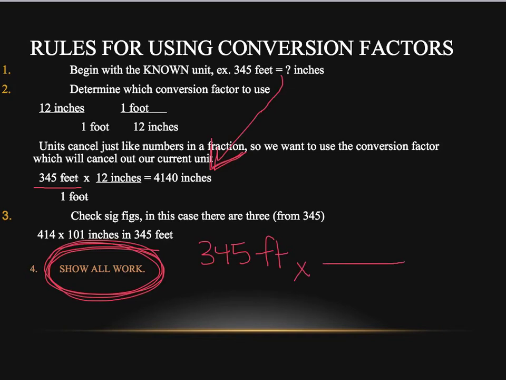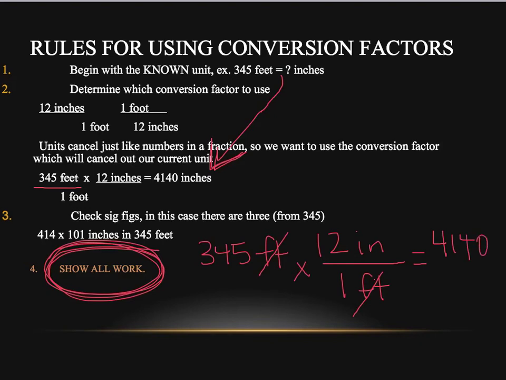So the equivalence statement that allows that would require feet to be down here on the bottom and inches to be on the top of this ratio. Just like a fraction, that allows like terms to cancel, so feet and feet cancel. And that allows us to multiply 345 by 12, which gives us 4,140.